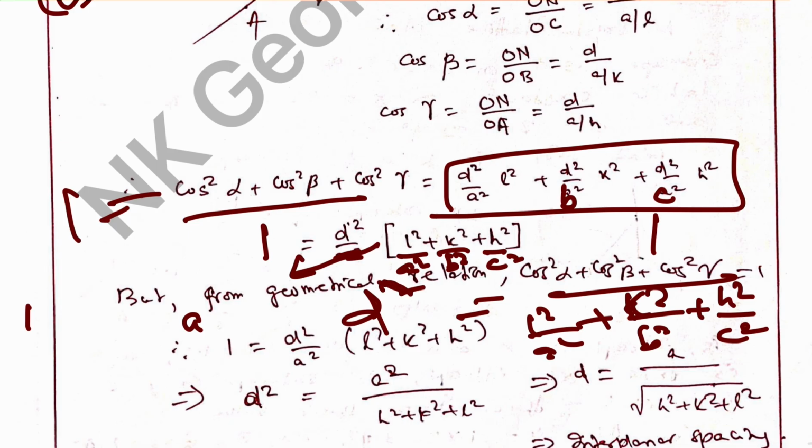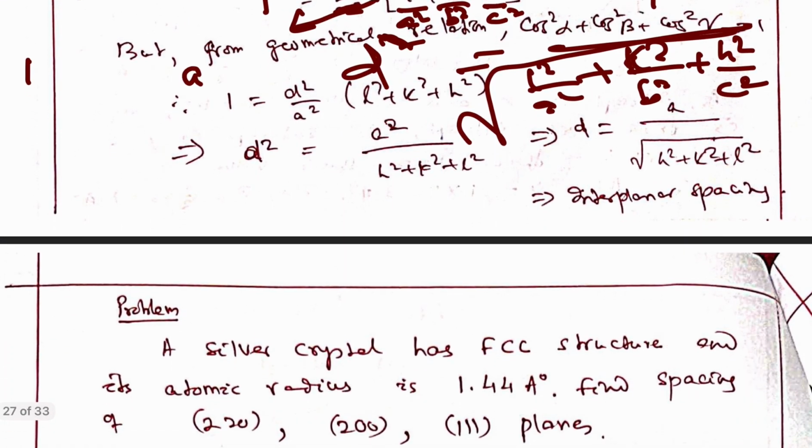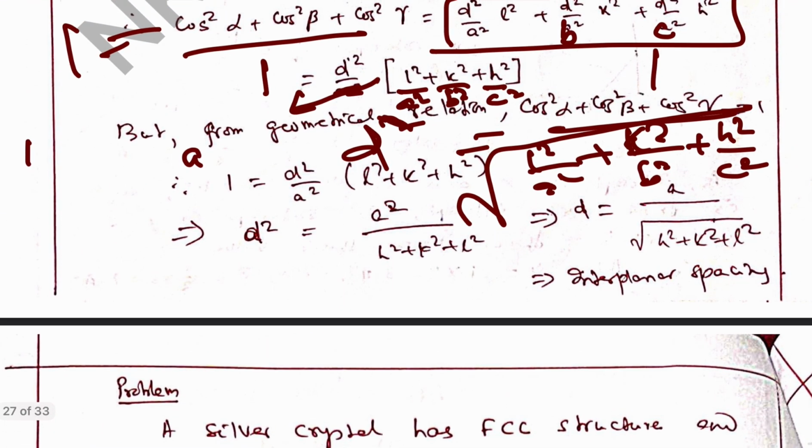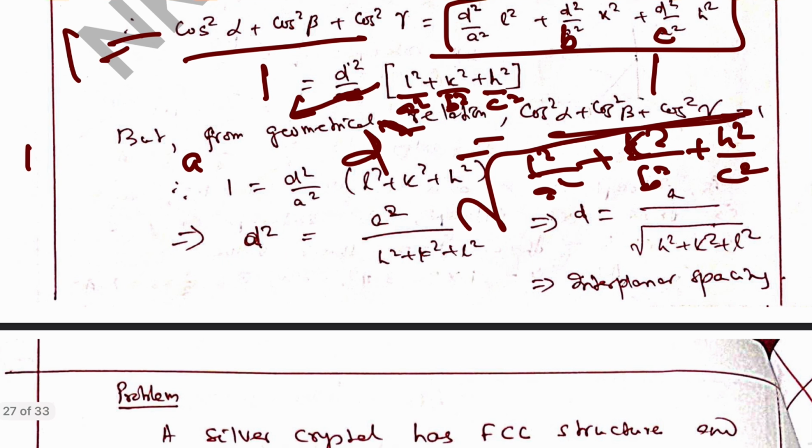If we take D, it will be root over of that. So this is the formula: D is equal to 1 by the whole root of H square by A square plus K square by B square plus L square by C square.